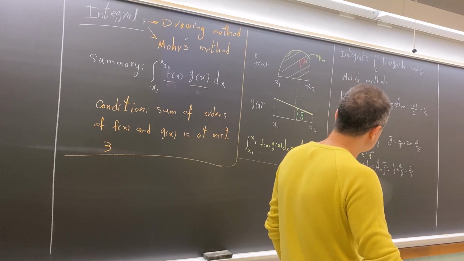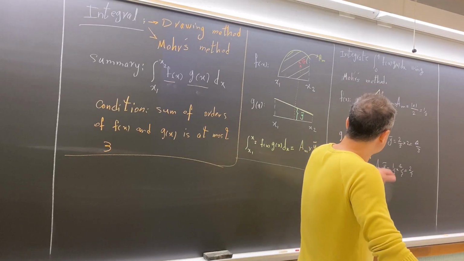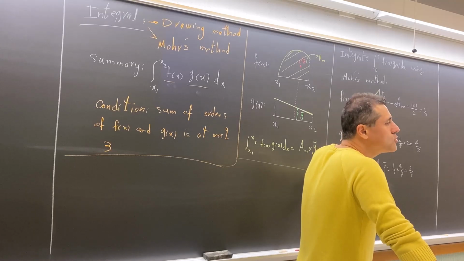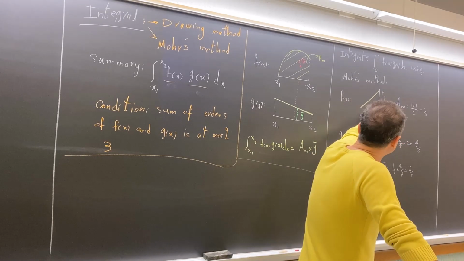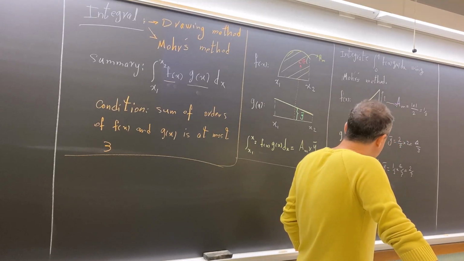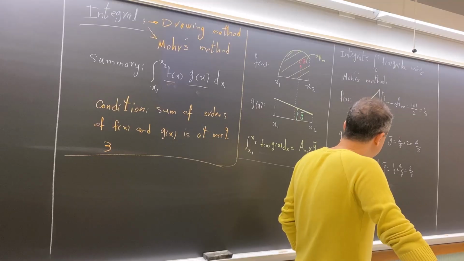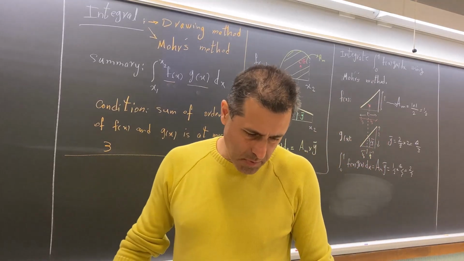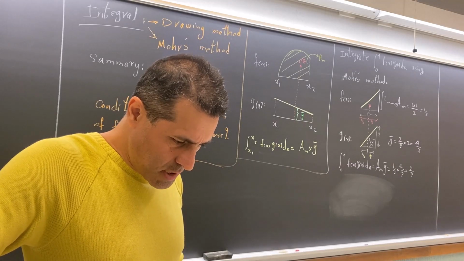Would the function for g(x) be 2x? The function for g(x), we don't have the function, we just have the drawing. And this is 2. And this is 1. Did you get it? Similar triangles. Let me write the details for you.